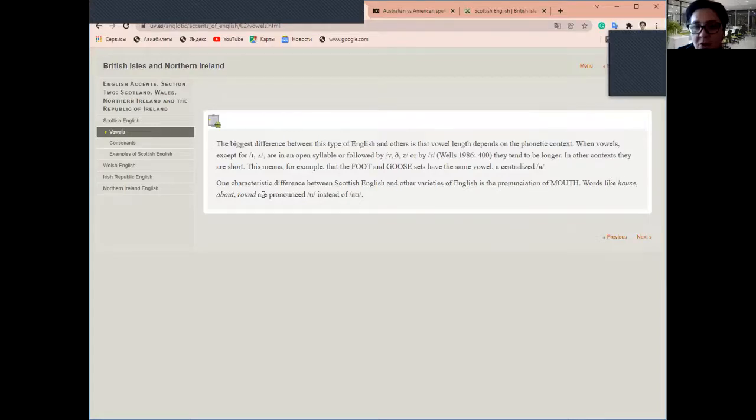Words like house, about, round are pronounced with oo, for example, house, about, round, etc. They pronounce oo instead of the ow sound. These are the differences between Scottish and English vowel sounds.